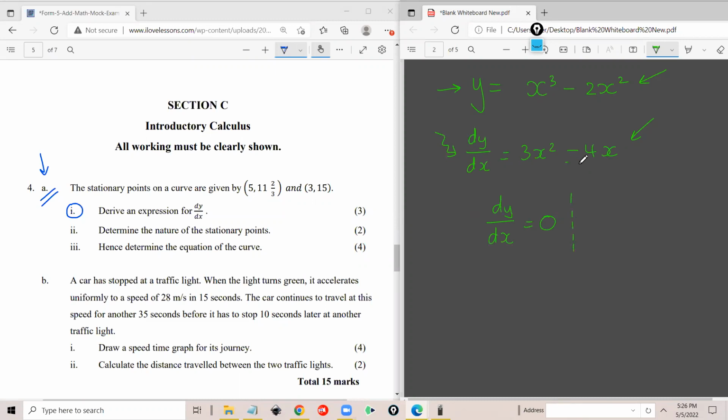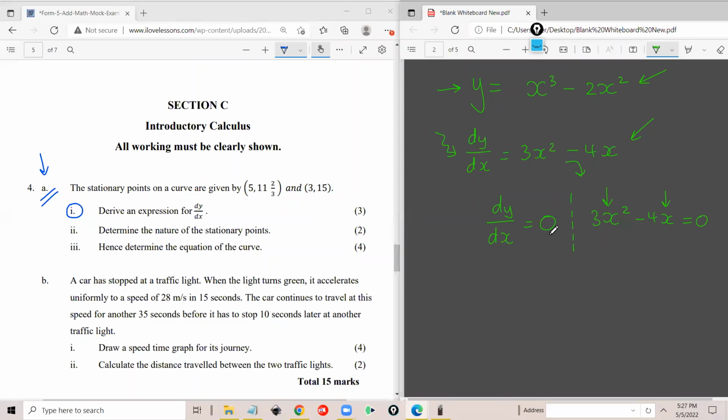And well, I guess since for this made up example, that would mean we would take 3x squared minus 4x and put it equal to 0. And then we would attempt to solve for x. Now, when we solve for x, sometimes we could get one value for x. Sometimes we could get 2 values for x. Sometimes we could get 3 values for x. But the point is, when we solve the equation of dy dx equal to 0, we are getting the x.